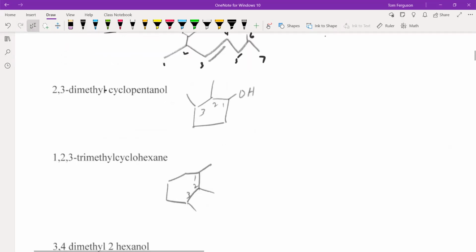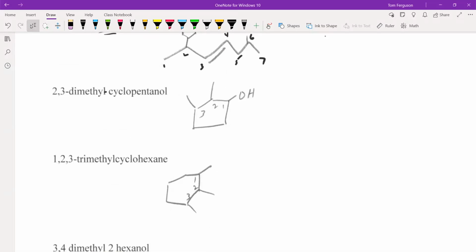Cyclopentanol. Now you can draw this like that. I like to just draw it like a house. It's easier to draw. But you may draw it like this if you like.